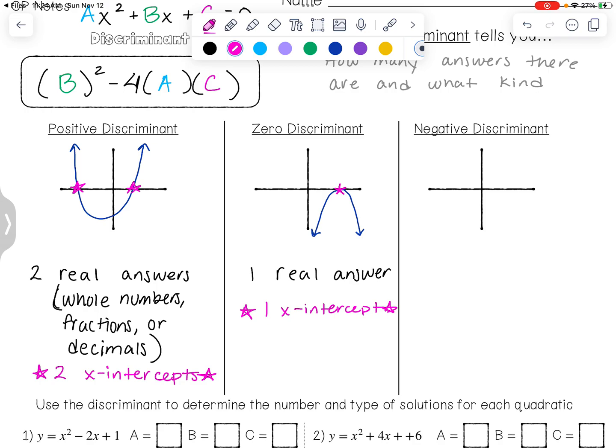Right? So if you have a negative discriminant, if you do this formula, b squared minus 4ac, and you get a negative, what that tells you is that you have 2 imaginary answers. So you're going to have i's in your answers.